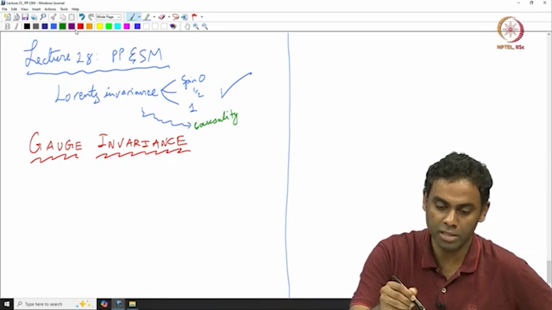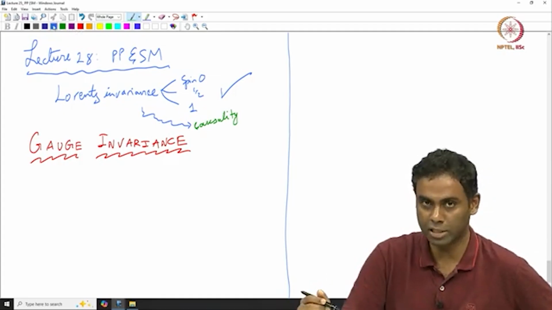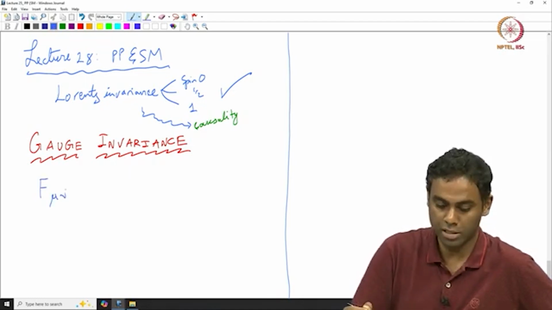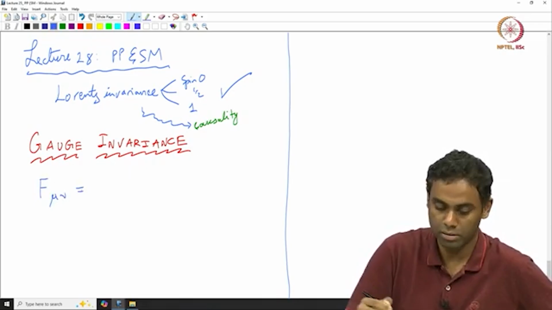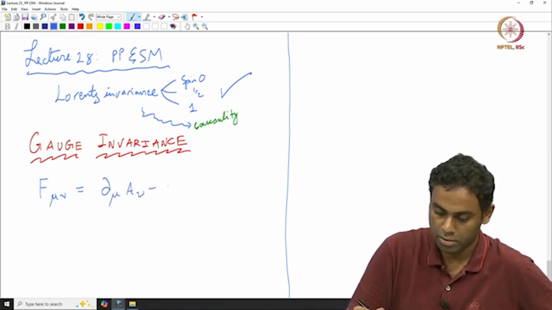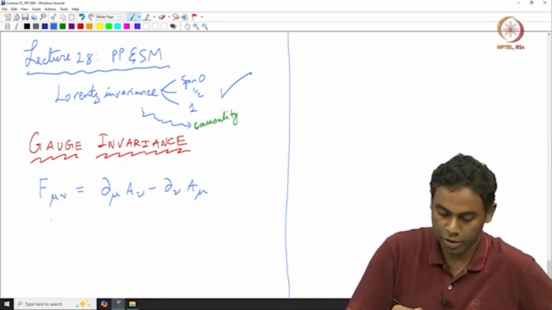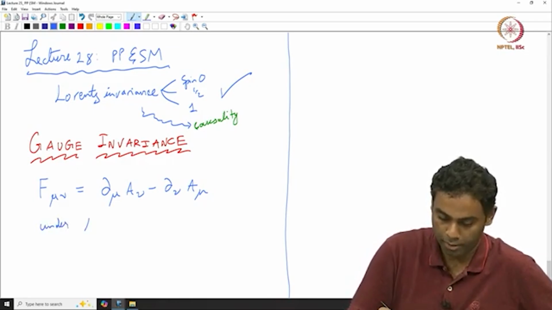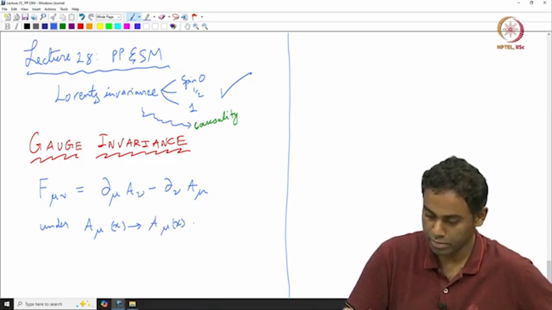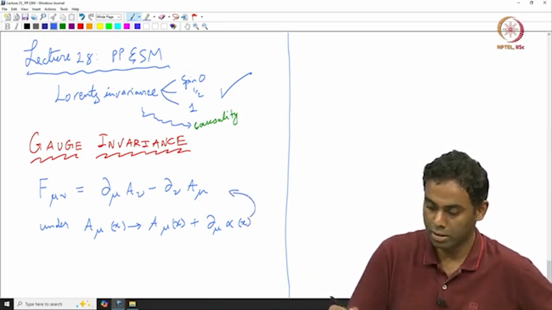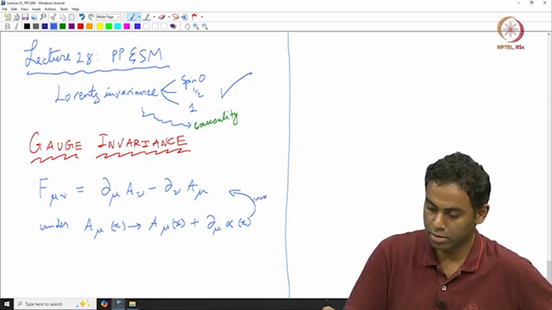But gauge invariance is something else, right? We already had a taste for it. Remember, we wrote down the field strength tensor when we dealt with spin 1. Under A_mu going to A_mu plus partial_mu of alpha(x), for any arbitrary function alpha(x), we saw that the field strength tensor is invariant.